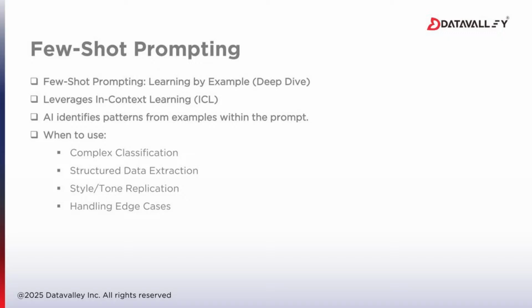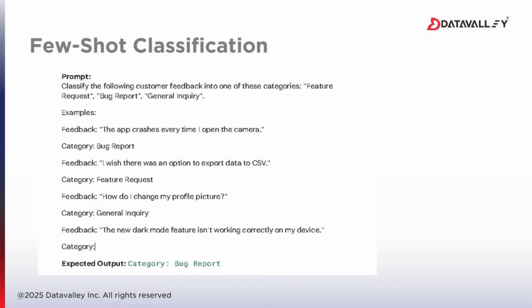Then structured data extraction, when you want a specified formatted output, style replication, or handling edge cases. These are the cases when you are going to use few shot prompting. Okay, let's look at an example so that it will be clearer.